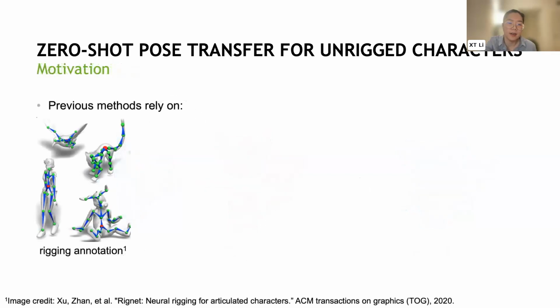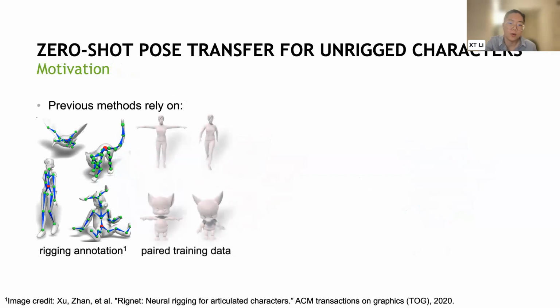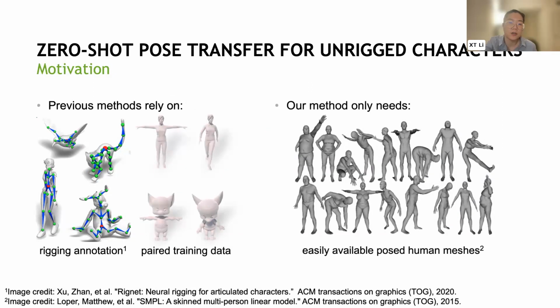So this setting differentiates our method from existing approaches for pose transfer between characters. These existing works either require manual rigging annotation or paired data in rest and target poses for both the source and the target characters for training. On the contrary, our model only requires easily accessible posed human meshes for training.